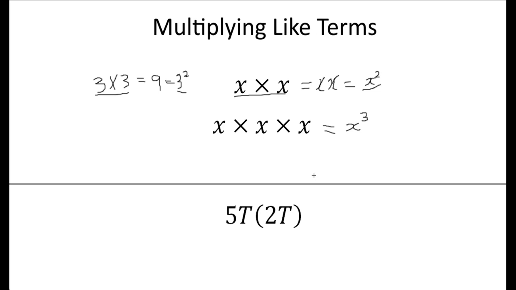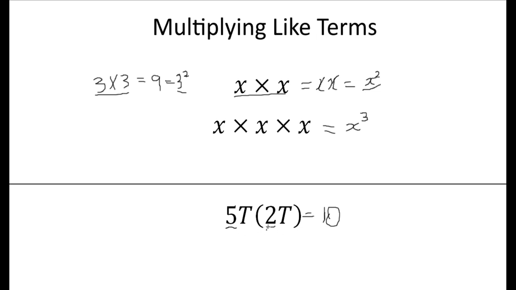Okay. So let's do a quick example down here now, where we have to simplify this. We have to multiply like terms together. So 5t and 2t are like terms. What we do is, you can do 5 multiplied by 2, and in this case we would see this to be 10.